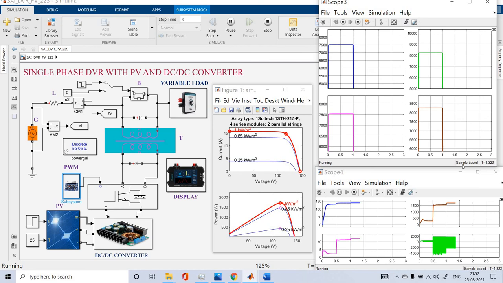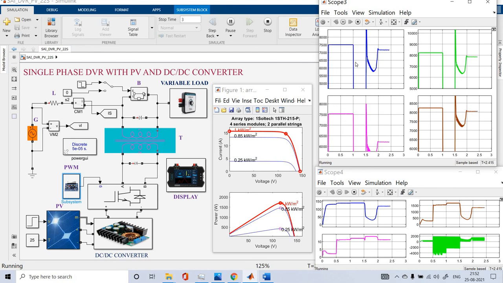So this is the point: the MPPT is going to find its optimum position for this period, right? Once it finds it, it again becomes constant. During that time the output power changes.